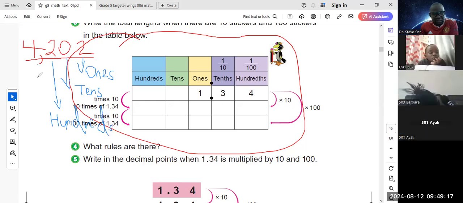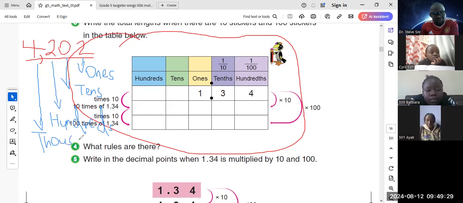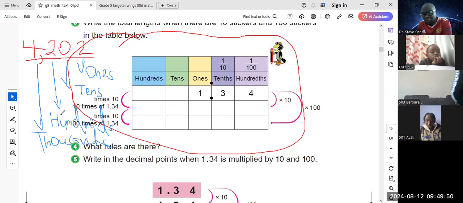Then the last digit here, 4, is in the place value of thousands. Like that. So 2 is ones, 0 is tens, 2 is hundreds, and 4 is thousands. Now, that is the place value. The place of 4 in this digit is in the place of thousands.